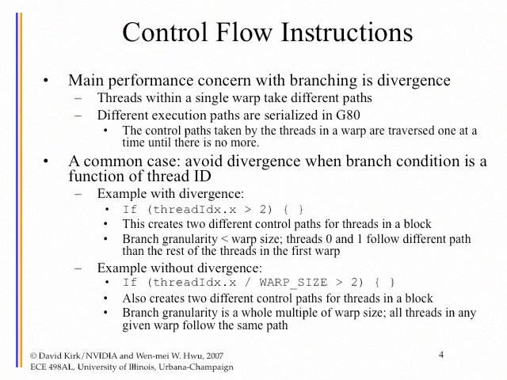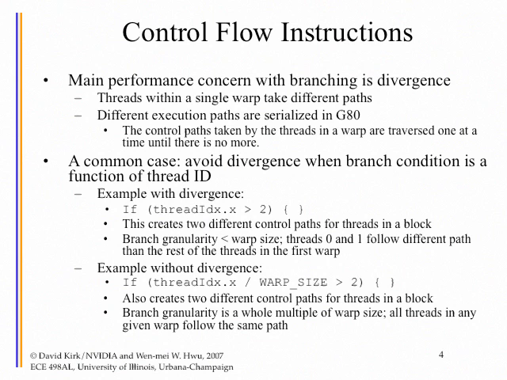But this will create 2 execution paths. One step will involve those 2 threads, 0 and 1, okay? And the other step will involve threads 2 through 31, okay? So the branch granularity in this case is less than warp size.